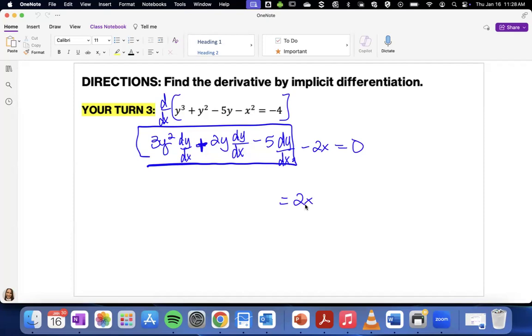If I factor out a dy over dx, I'm left with 3y squared plus 2y minus 5. Understand? Does anybody want me to write the in-between step? I can. All right. So then you divide by all of this.